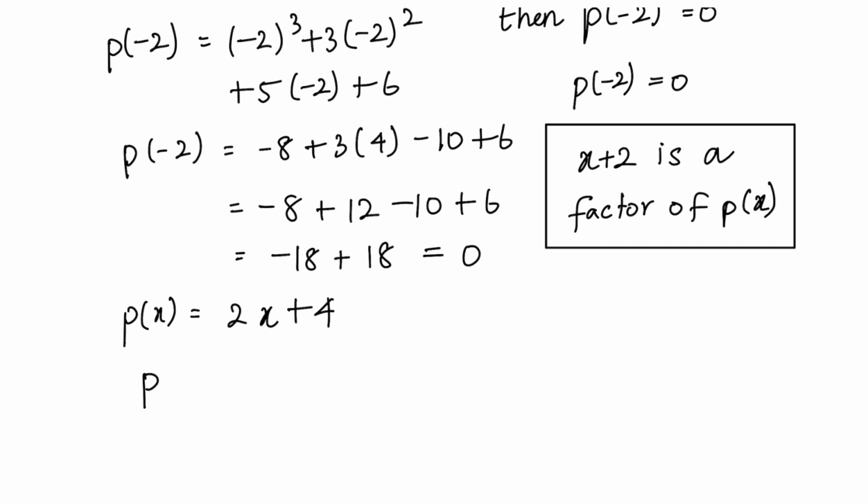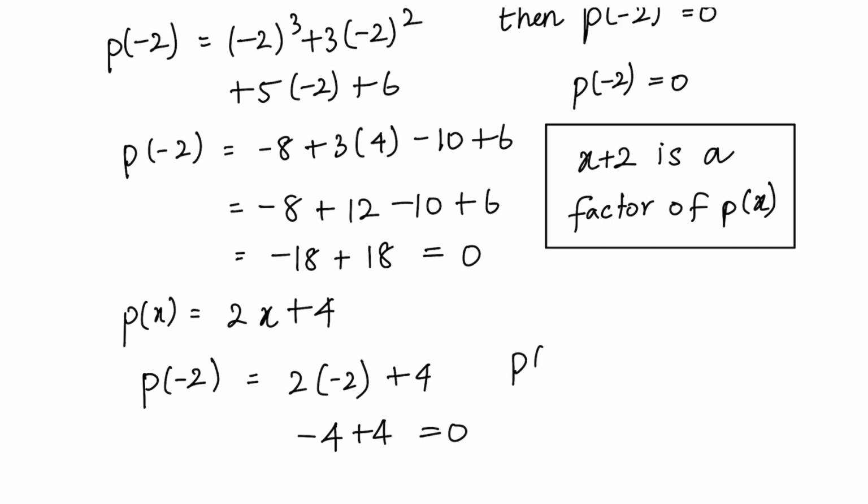We are going to find P of minus 2. So P of minus 2 is equal to 2 into minus 2 plus 4. So minus 2 times 2 is minus 4, and we have plus 4 here, that comes out to 0. So P of minus 2 is equal to 0 in this case as well.